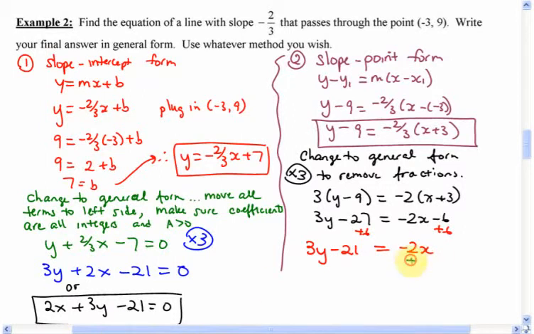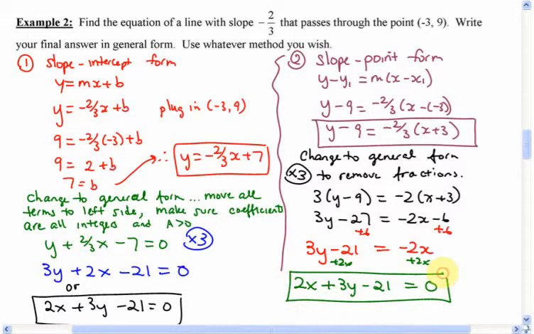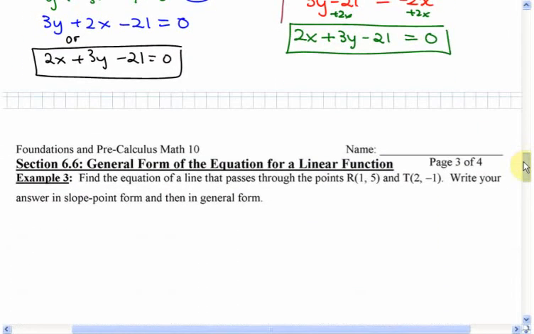Got to add 2x to both sides, I guess. So I want all the variables and numbers on the left side so that the right side just equals 0. Ta-da! Okay, I hope that was good. If not, come back and retry this example on your own.